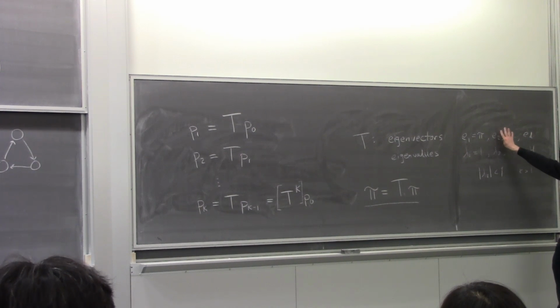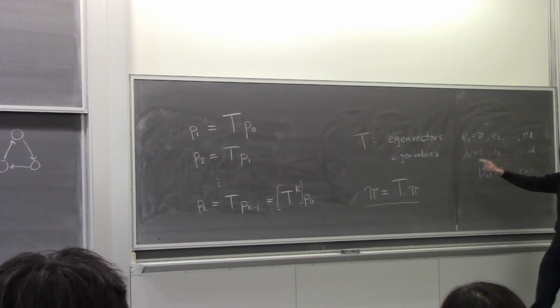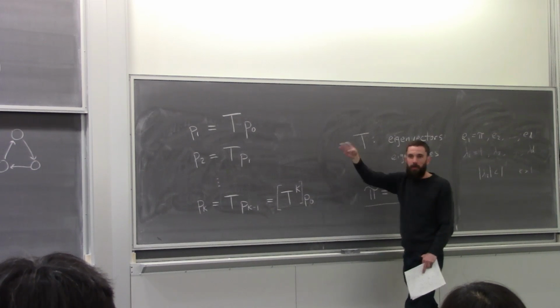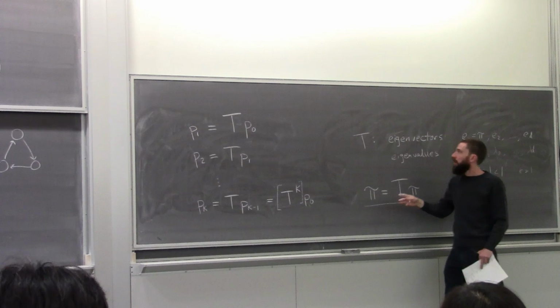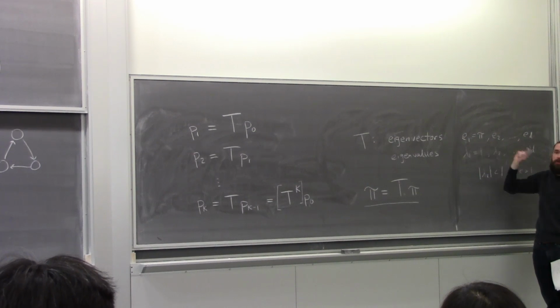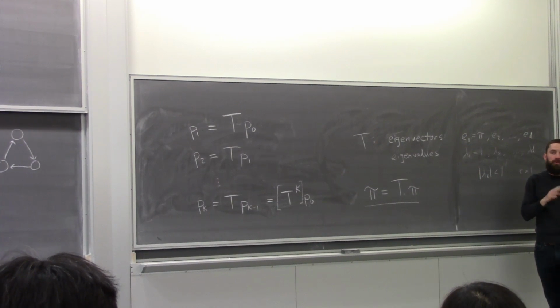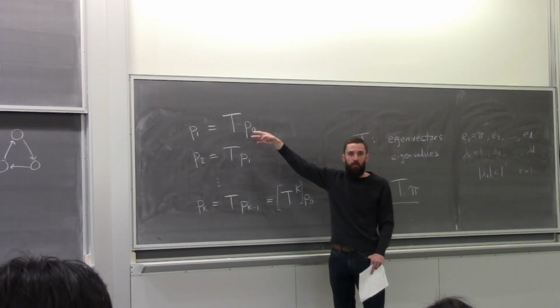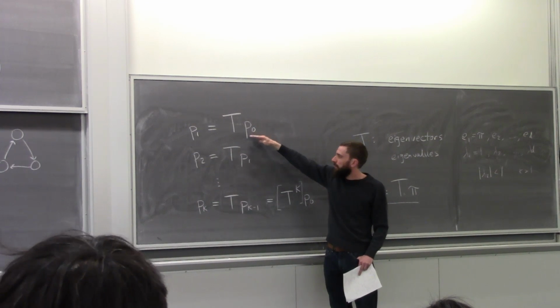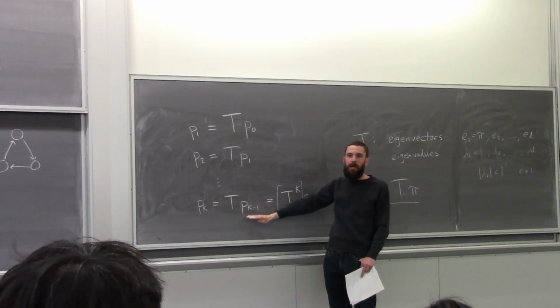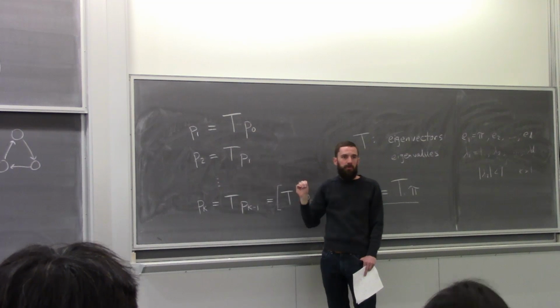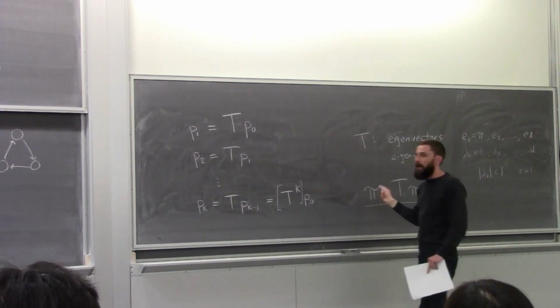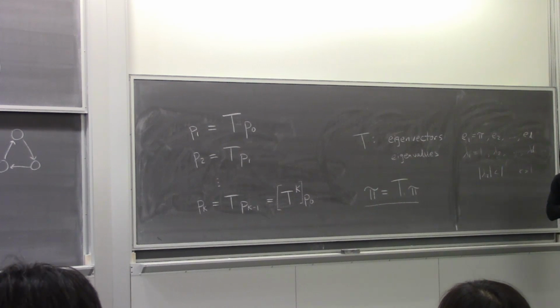And so all of these components shrink away to 0 as I apply this T over and over again. But this component stays put, left with nothing but pi. So no matter what I start with for P0, which again has to be a probability distribution so it has to sum to 1, if you apply this enough times, it's going to converge to pi. Okay, does everybody follow that eigen argument?